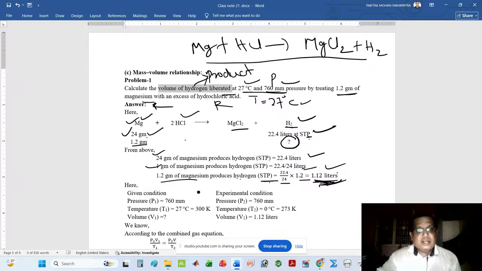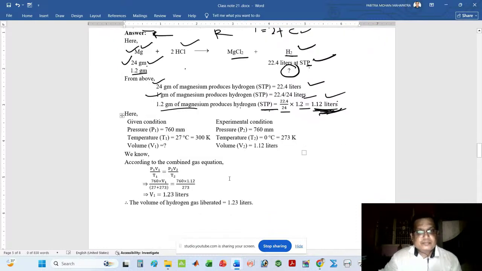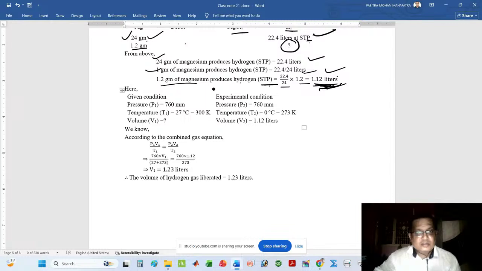So here I can apply the combined gas equation, that is P1 V1 by T1 is equal to P2 V2 by T2. Look at that. Here I have written the given condition, and the other is the experimental condition. Pressure P1 is 760 mm, given condition, and the temperature T1 is 27 degree centigrade, is equal to 300 Kelvin.